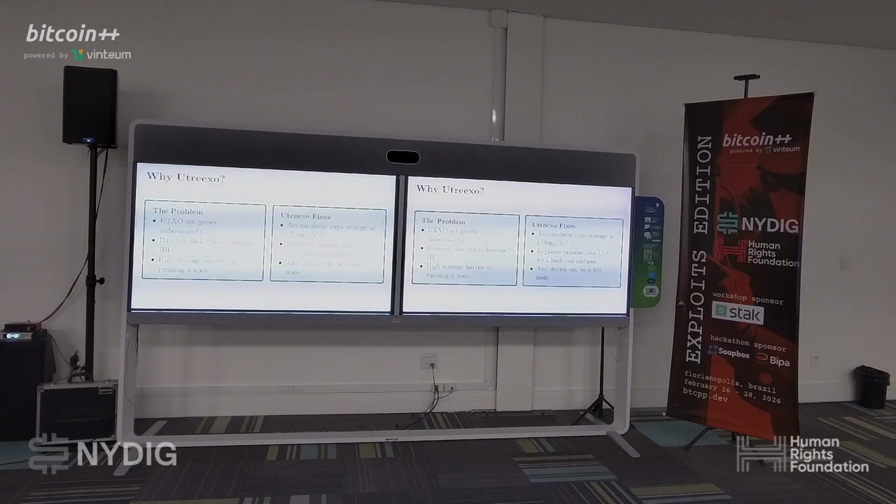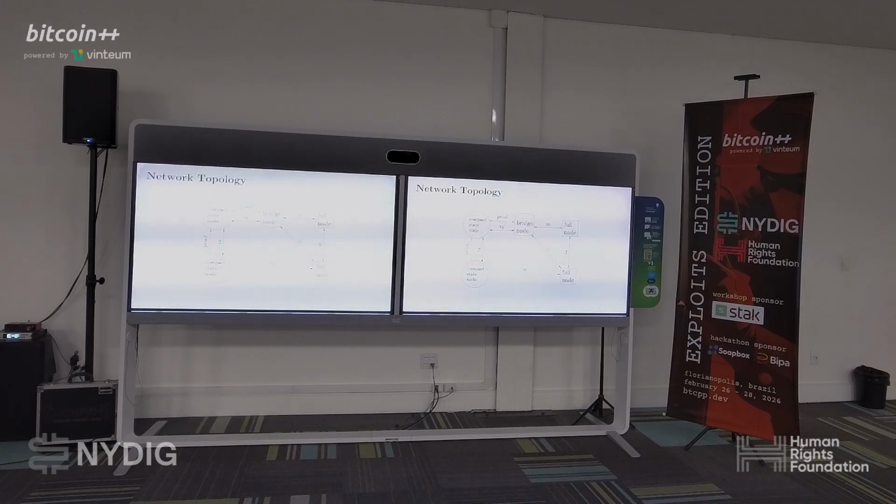You have to read, write, and delete. So it's a very I/O intensive process. Utreexo fixes this because it compresses the UTXO set a lot. You don't need to do any DB lookups, pretty much no I/O. And any device can fit the accumulator.